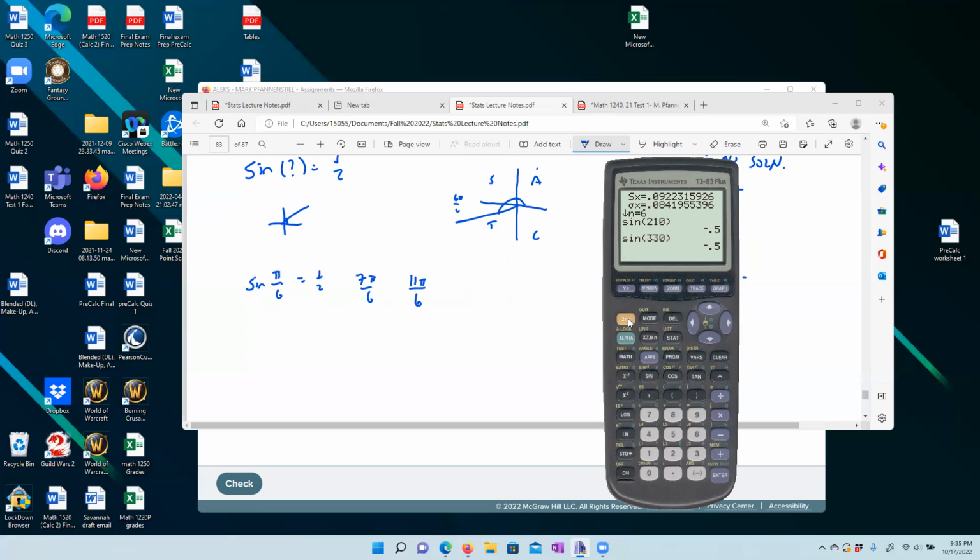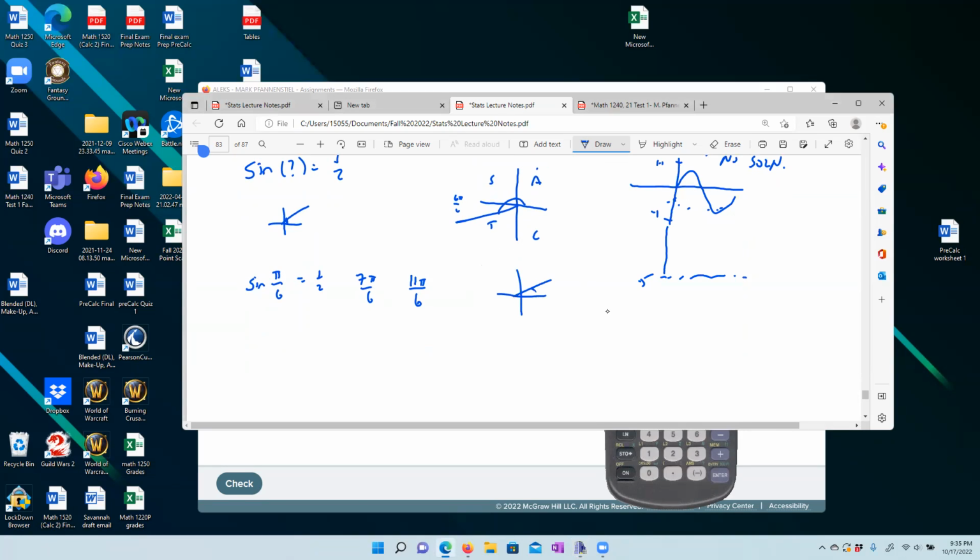We could also do this if you really wanted to double check. Second function, sine inverse of 0.5. Hit that, and we get 30 degrees. Now you have to have the intelligence to state: well, I want 30 degrees, but in the third and fourth quadrant.